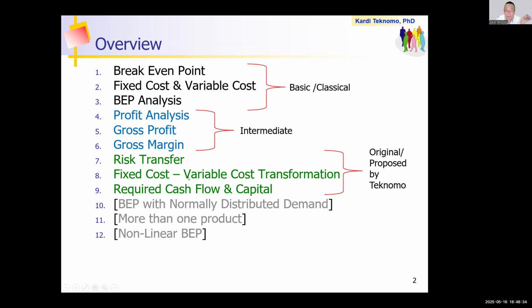Then you start to see how we can use PEP to compute the cash flow and the capital. If you want to go beyond that, for example, what if the demand is a random number based on a certain distribution, for example normal distribution, or you have more than one product, or the PEP itself is not linear, it's also possible. But this one I just scratch the surface. Okay, let's start with this value here. This is advanced or optional.